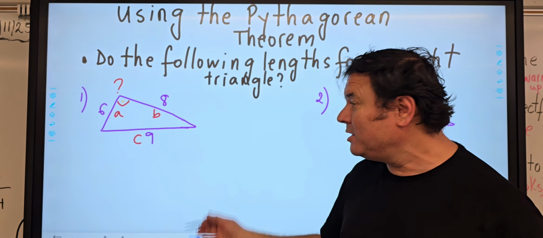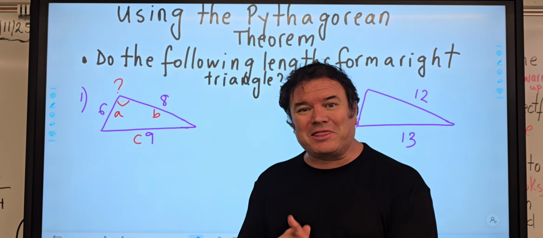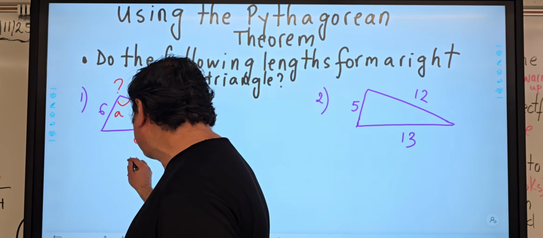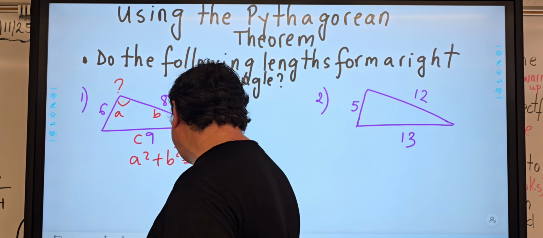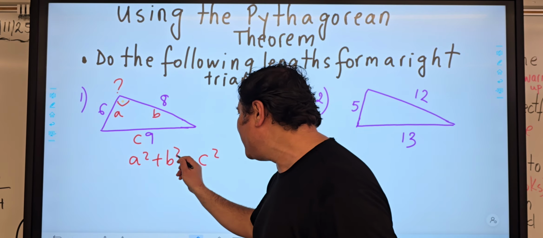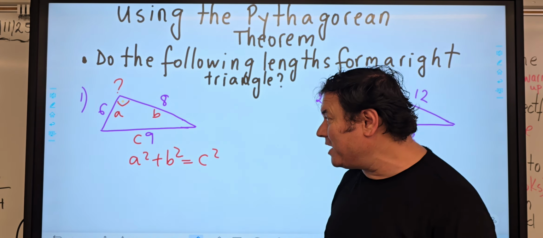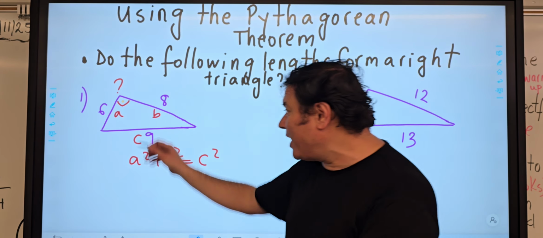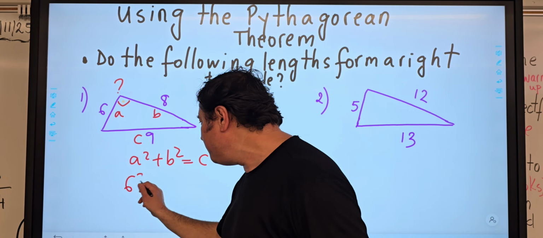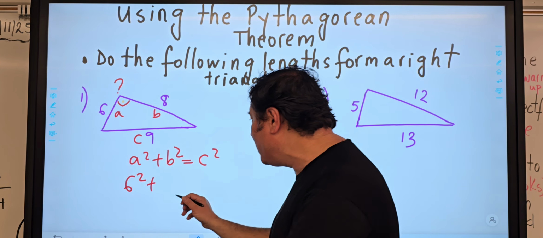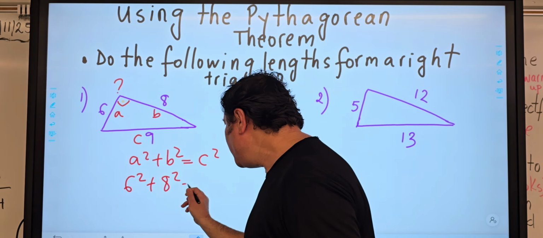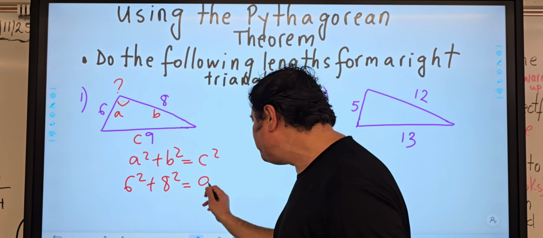Okay, let's find out. Using the Pythagorean theorem, we know that a squared plus b squared should equal c squared. We know that because we proved it. So instead of a squared, let's plug in 6. So we have 6 squared plus 8 squared, the second leg, equals 9 squared.